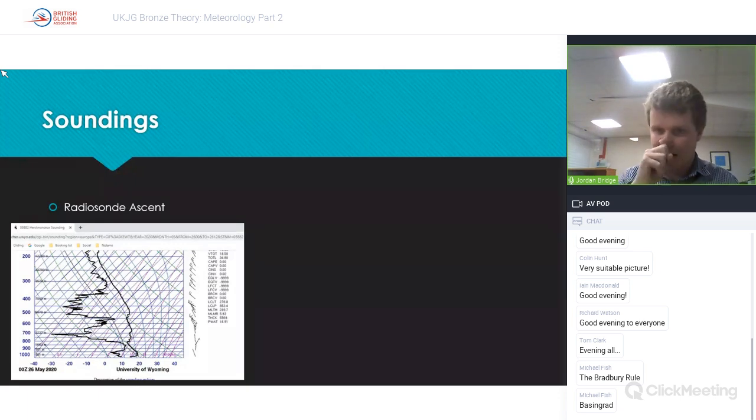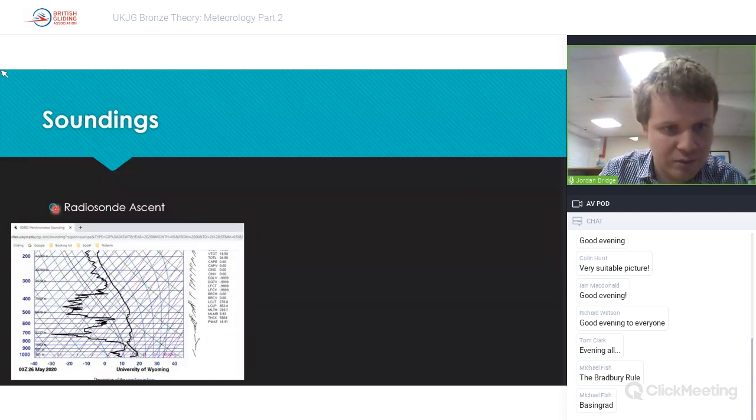This radiosonde effectively allows us to measure all the way up. It's got equipment in it to measure what's going on with the temperature and the dew point all the way up. And it comes back down, or probably in the modern world now, gets transmitted to a computer, and they can have a look at something like this, which is an ascent.